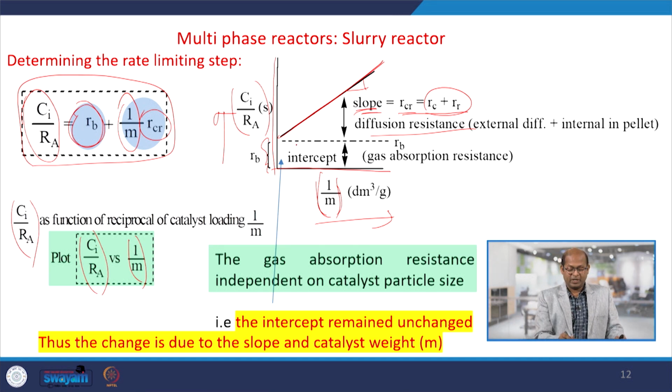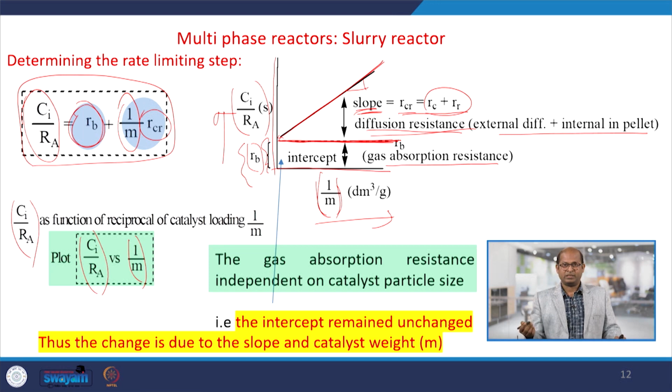If we go linearly along the x axis, this part is constant, meaning Rb indicates the gas absorption resistance, and the slope indicates the internal and external resistance and the resistance due to reactions inside the catalyst pellet.